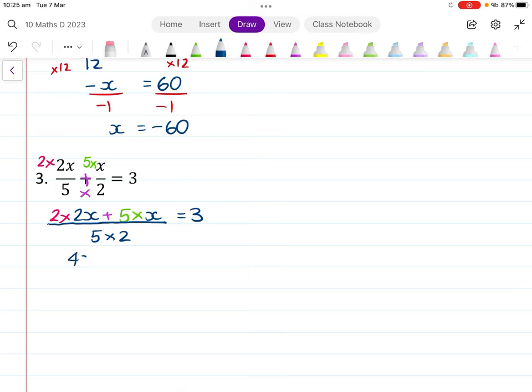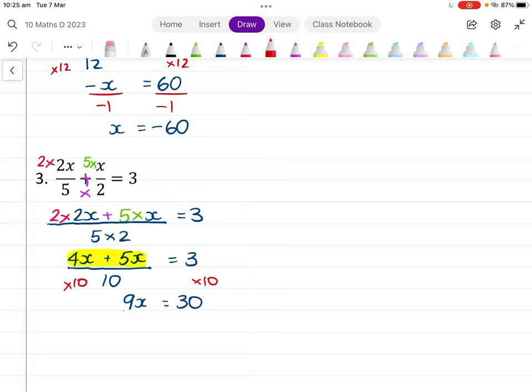So 2 times 2x is 4x plus 5 times x is 5x all over our denominator of 10 is equal to 3. We then want to multiply both sides of our equal sign by that 10 to remove that denominator and collect like terms with our numerators. So 4x plus 5x is 9x equals 3 times 10 is 30.